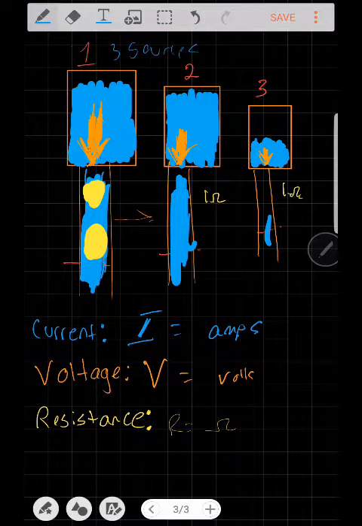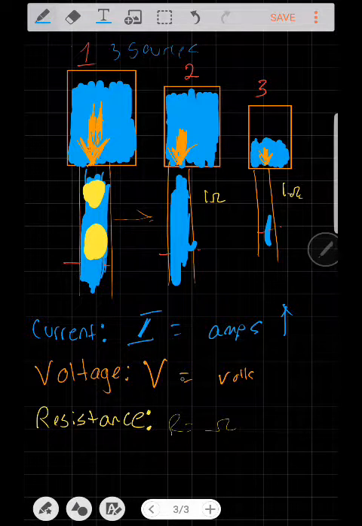Okay? So let's look at what we said already would happen. If I increase my voltage here, then what would happen to my amps? My amps would increase.